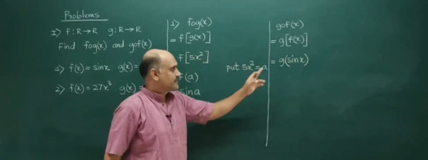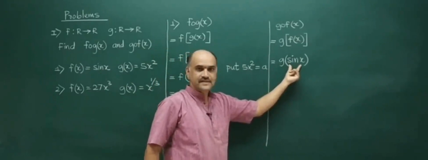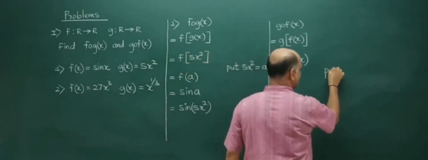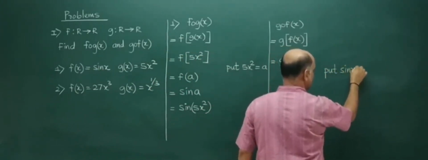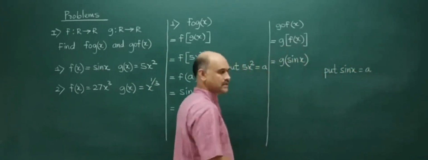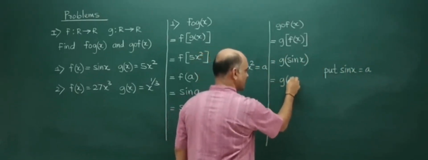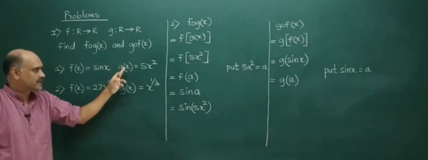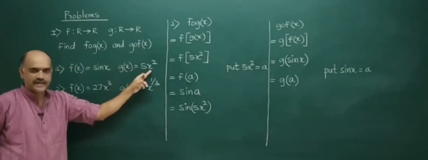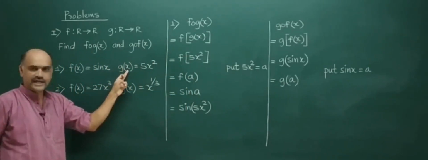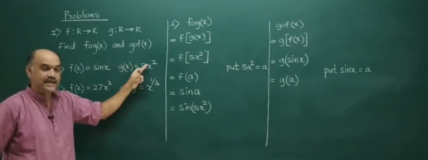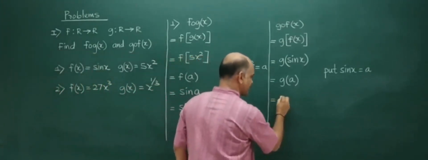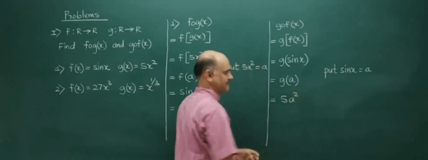Now again, to make it easy, you take this sin x as a. So put sin x is equal to a. So this will be g of a. Now similarly, how I had written over here, g of x is pi x square. Therefore g of a will be pi a square.